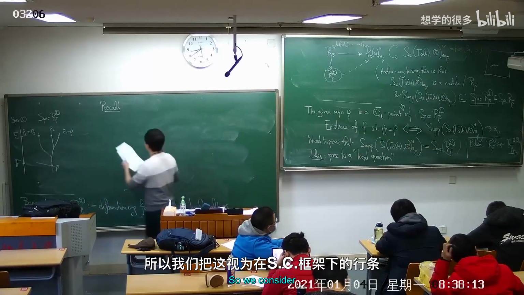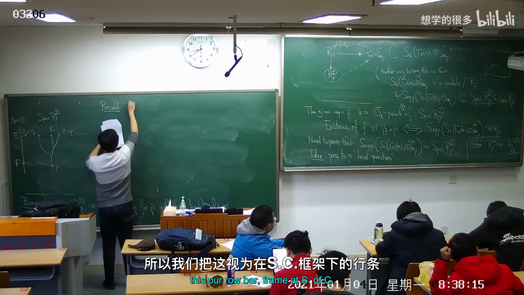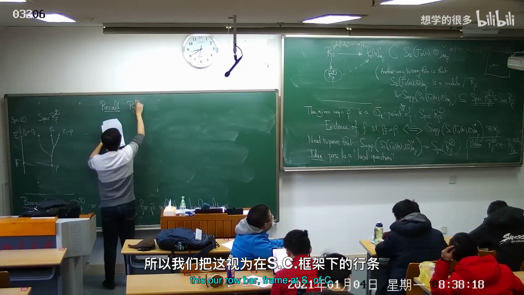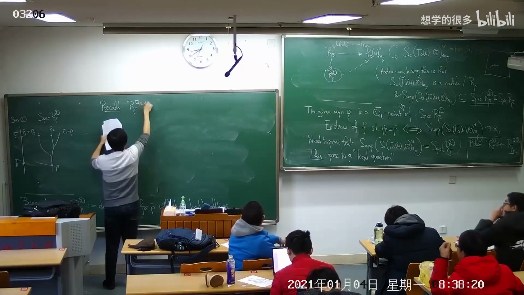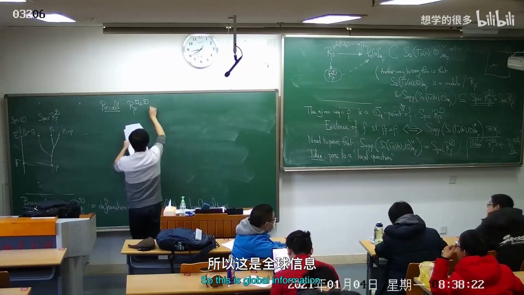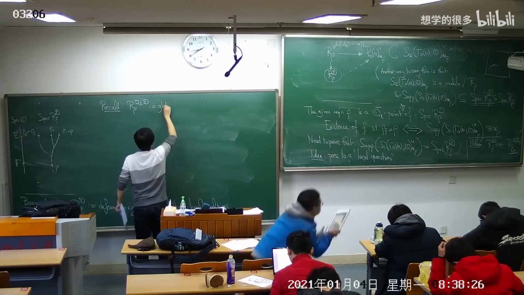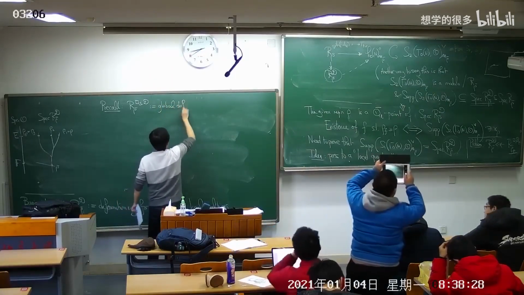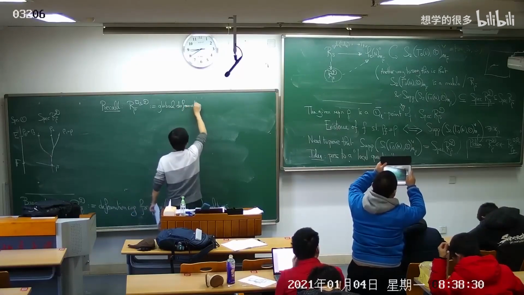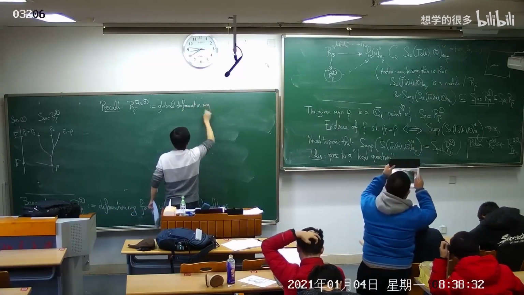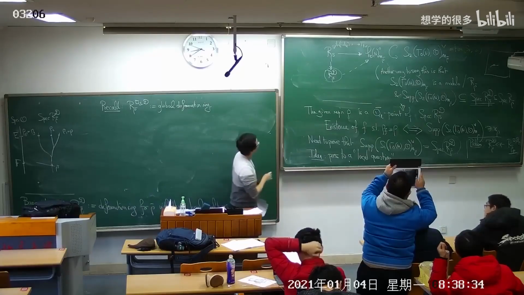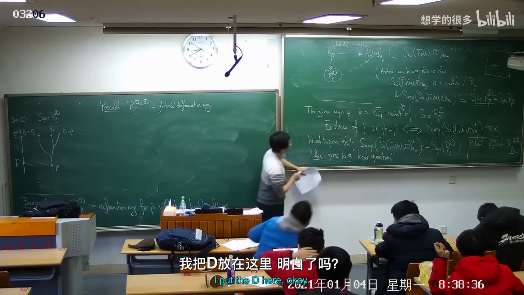So we consider this R rho bar frame at S of D. So this is the global deformation ring. Oh, sorry, one more thing. I put a D here.